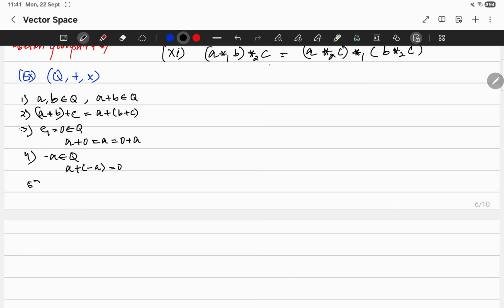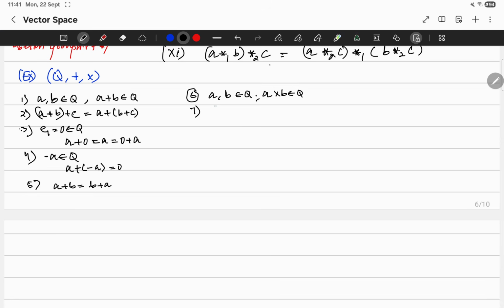Fifth property, a + b is equal to b + a, where a and b are rational numbers. Similarly, sixth property, if you have two rational numbers a and b, then the multiplication of the two rational numbers is again a rational number.